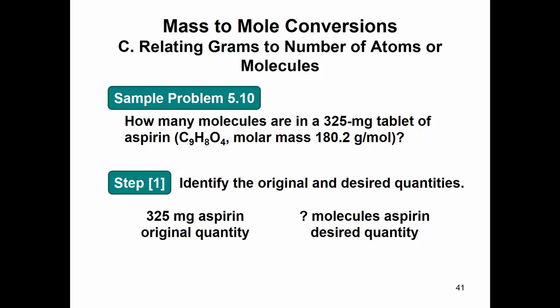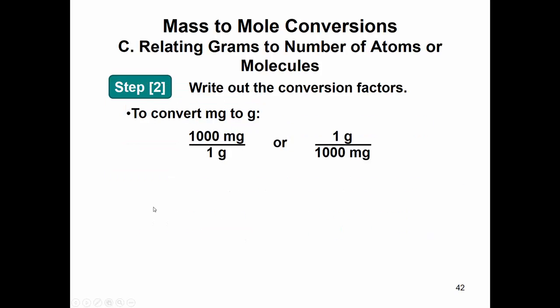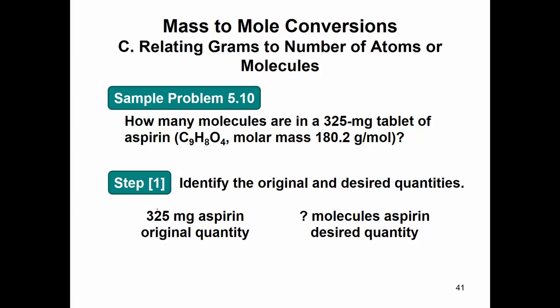Everything we've been looking at has been in grams. If you're in milligrams, you need to move the decimal back to the left 3 places: 1, 2, 3. So you have 0.325 grams.